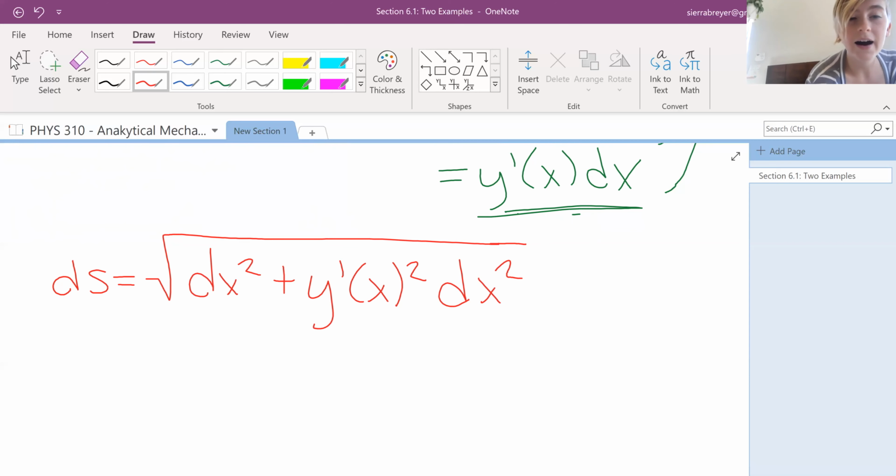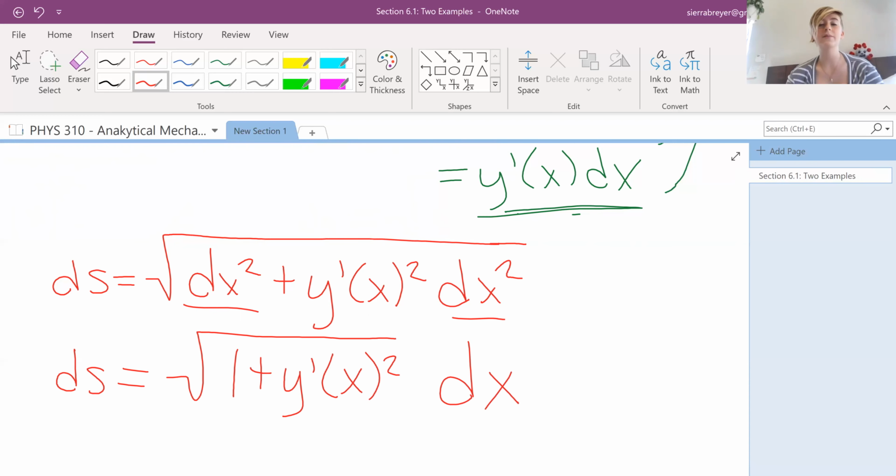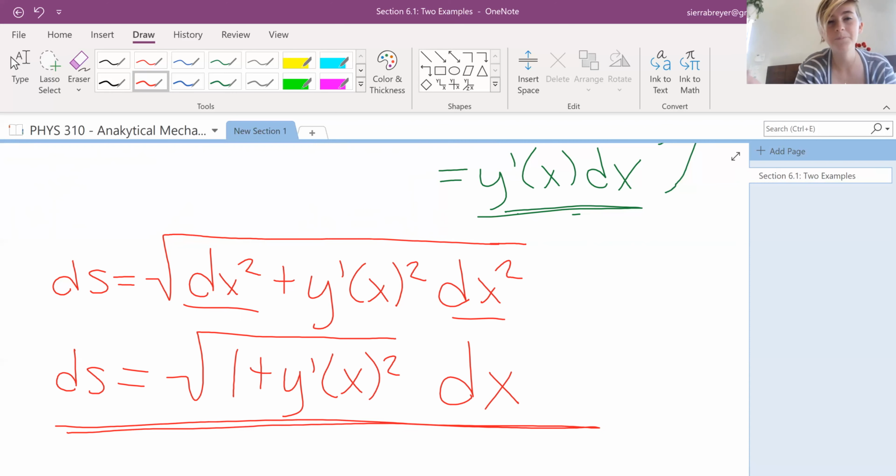Then we can pull out these dx squareds completely out of the radical, but we're going to put them in the back for consistency with the book. What that lands us with is that ds equals the square root of 1 plus y prime of x squared, and then the radical will be times dx. So that's basically as far as they take this problem.